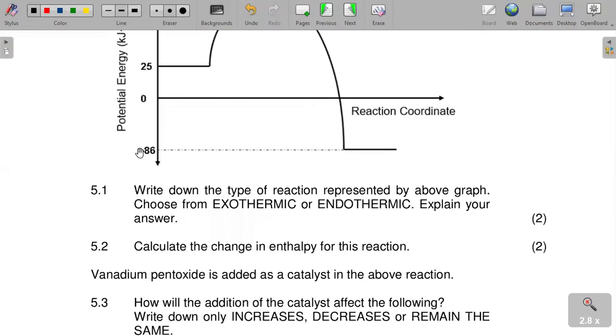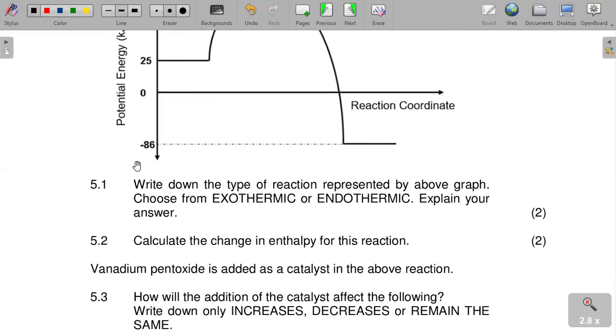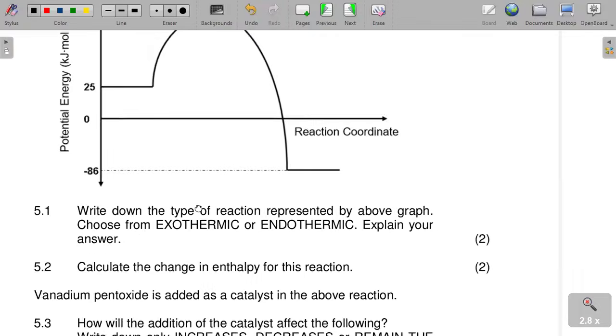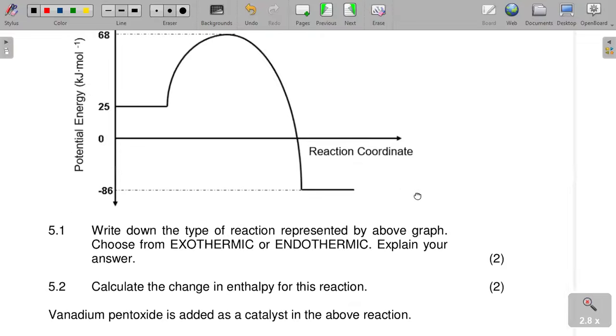And then 5.1, they say write down the type of reaction represented by the above graph. Choose exothermic or endothermic, and then explain your answer. So 5.1, what type of reaction is this?